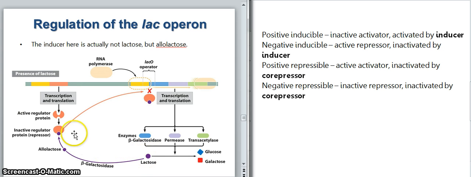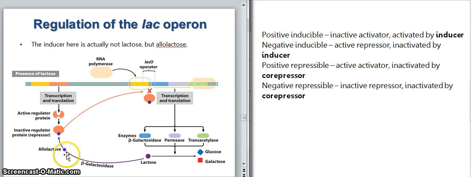The answer to this enigma is that we get some transcription of the lac operon all the time, but it isn't until the repressor is removed that we get high levels of transcription.